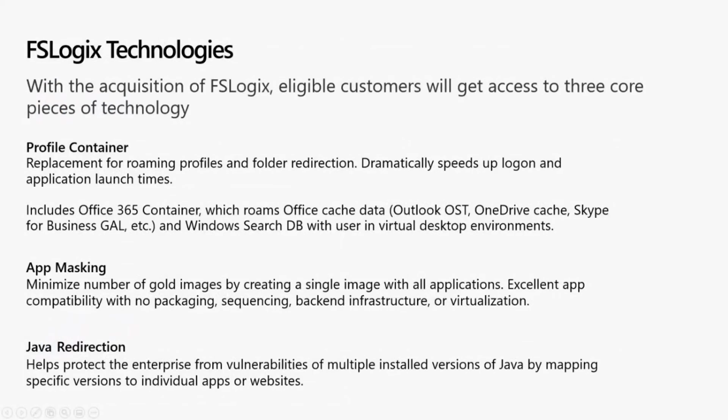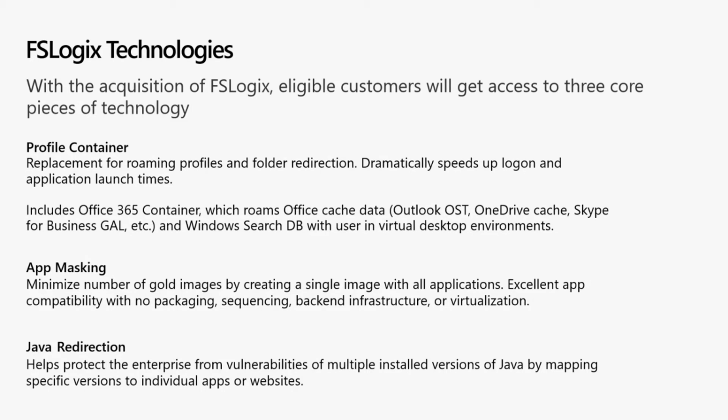Moving to the next slide, let's talk about FSLogix, the profile management service offered as a part of AVD. With AVD, we offer customers three core pieces that come out of the box with FSLogix. One is the profile container first. This applies when you have a roaming profile and folder redirections.